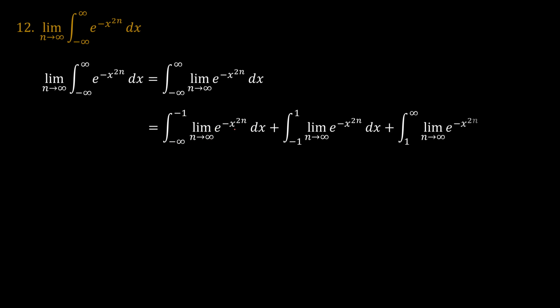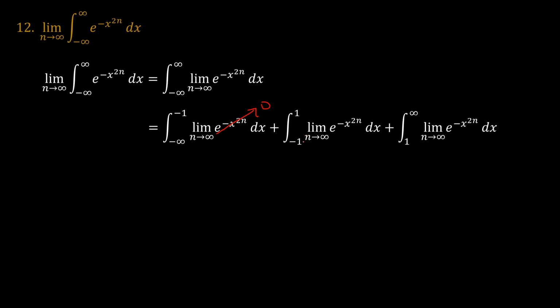Now with this, when x is less than -1, and since we have a square here, this entire thing tends to 0. This tends to 0 because the x value tends to a very large value, and so the entire number goes to 0.